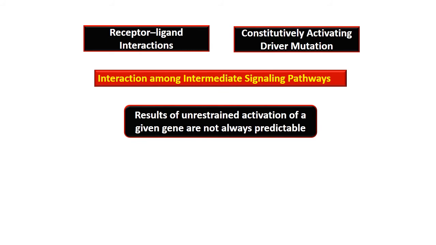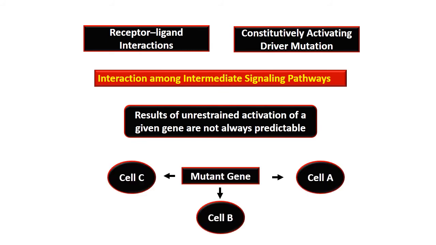the results of unrestrained activation of a given gene are not always predictable as a result of continuous crosstalk between these intermediate signaling pathways. So a mutant gene may produce different effects in different types of cells.